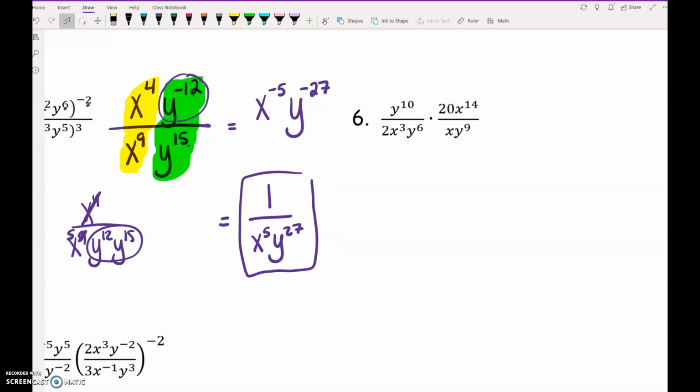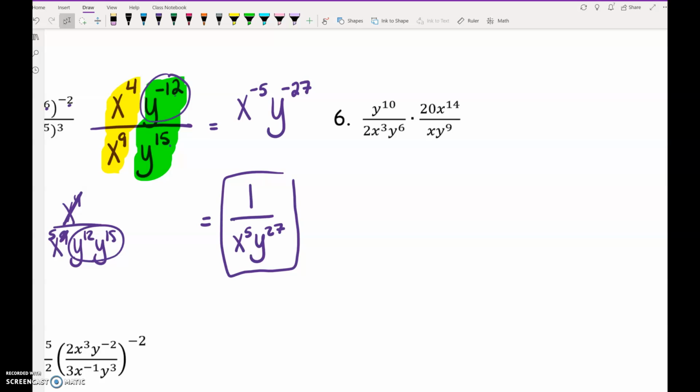Okay, number 6, we're going to kind of rearrange it together, and then I'll have you finish it on your own. Numbers first, so we've got 20, x to the 14th, y to the 10th, that's the top. Because we're multiplying fractions, you multiply straight across the top, straight across the bottom. So we're just combining things on the top, combining things on the bottom.